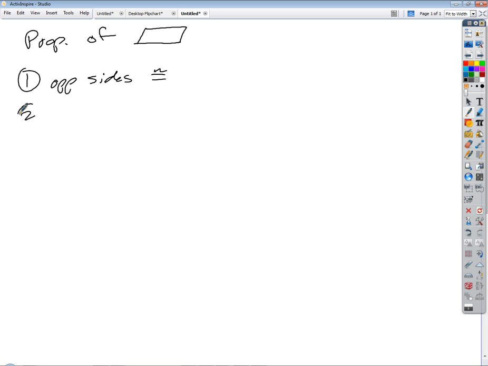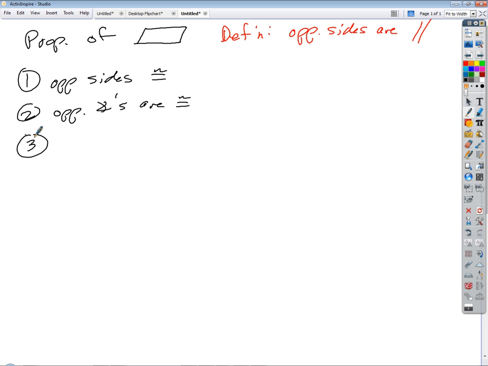Opposite angles are congruent. Opposite sides are parallel. That's not really a property. That's actually the definition of a parallelogram. So the definition is opposite sides are parallel. Give me another property. I want another property.